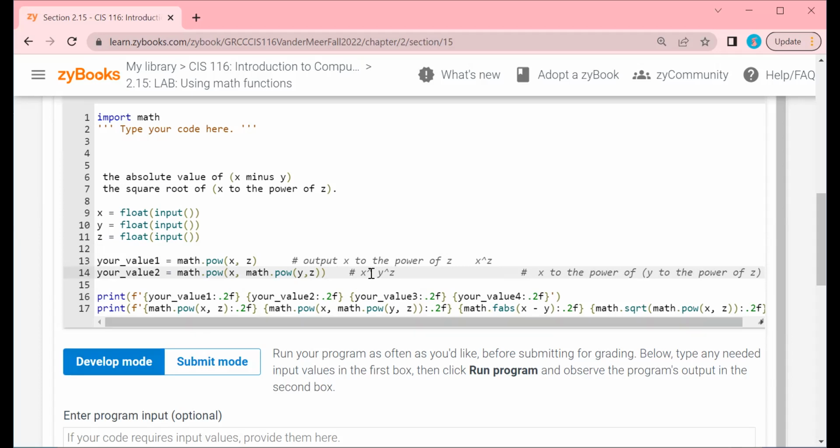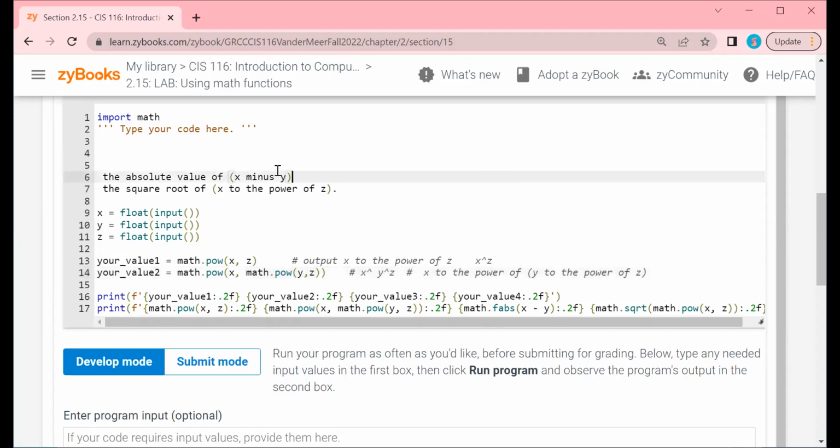So x is the base number, and I'm raising that to the power of y to the power of z. And that's just because that's what it asked us to do. Raise x to the power of y to the power of z. So that's how you write it. Math.pow. Here's the open, here's the close, here's the open, there's the close.